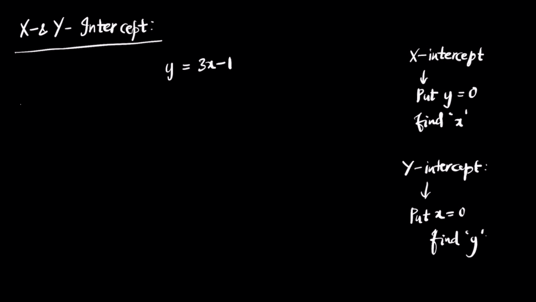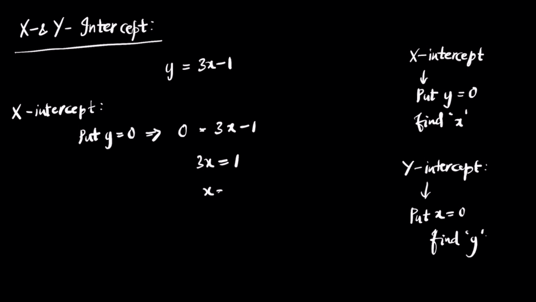Let's try the example here, starting with the x-intercept. Put y equal to 0, so it becomes 0 equal to 3x minus 1. Reconfiguring, we get 3x equal to 1, x equal to 1 by 3.